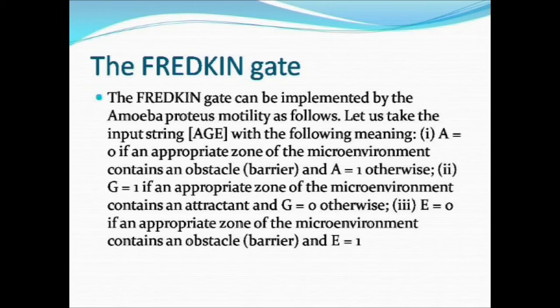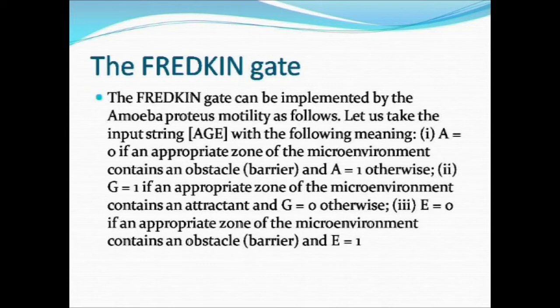Let us take the input string AGE with the following meaning: A = 0 if an appropriate zone of the microenvironment contains an obstacle barrier, and A = 1 otherwise. Second, G = 1 if an appropriate zone of the microenvironment contains an attractant, and G = 0 otherwise.